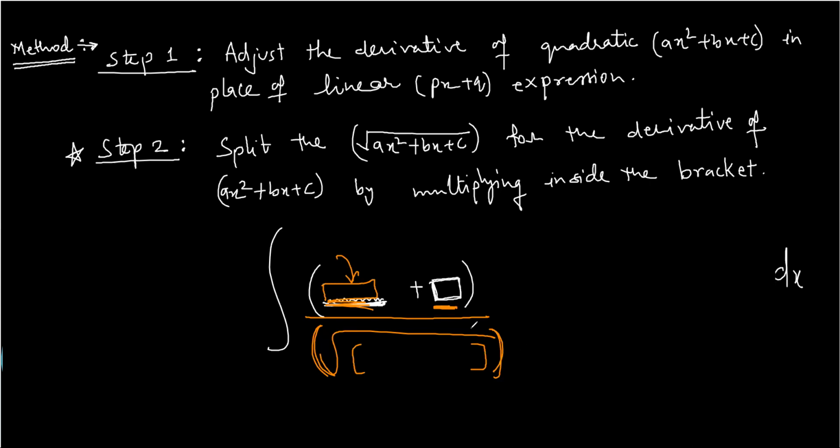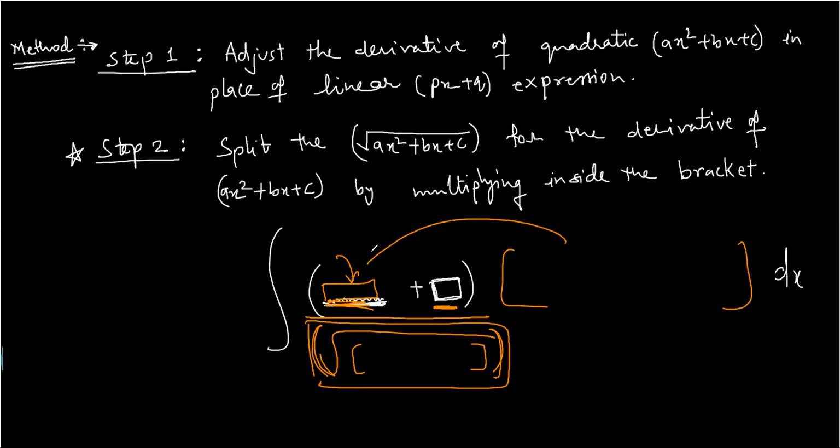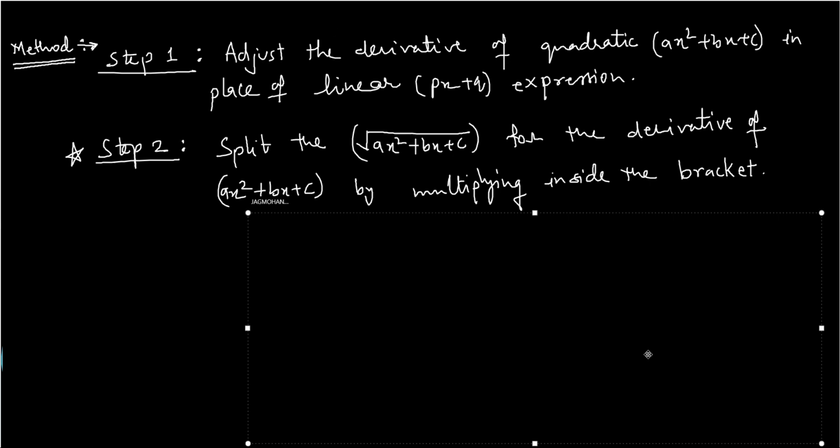But here we don't have it in the denominator, instead we have this in the numerator, so we multiply. I hope you have understood this. If you have not understood, do not worry. When we solve the problem, you will understand it better. So split the square root of x square plus bx plus c for the derivative of quadratic by multiplying inside the bracket.